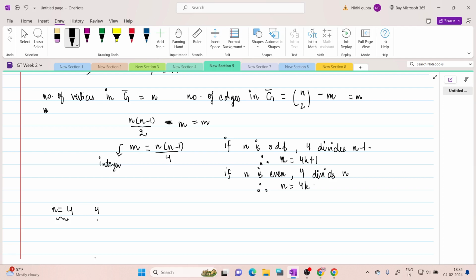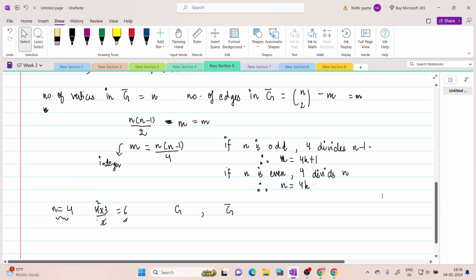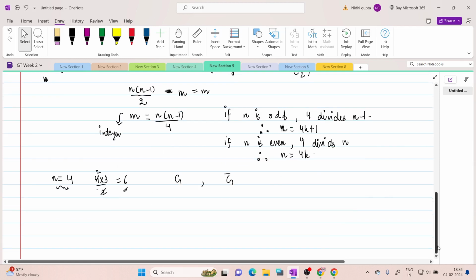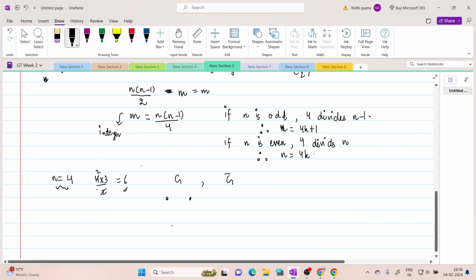We have 4 choose 2, which is 4 into 3 by 2, which is 6. So now G and G bar should have 3 edges. Can we construct non-isomorphic graphs? We have 4 vertices, and can we construct non-isomorphic ones?